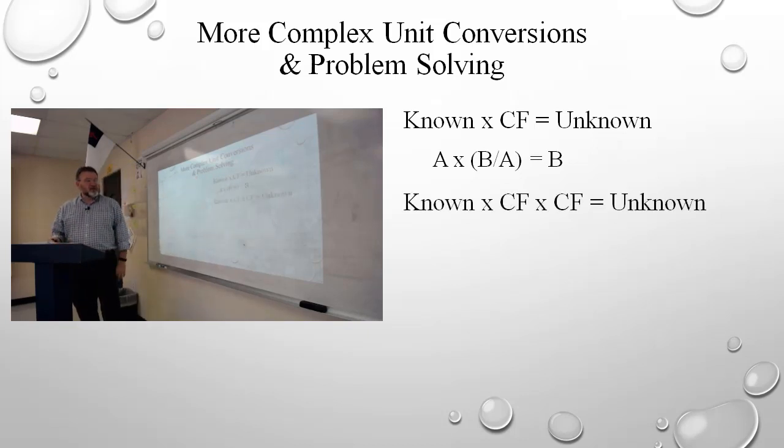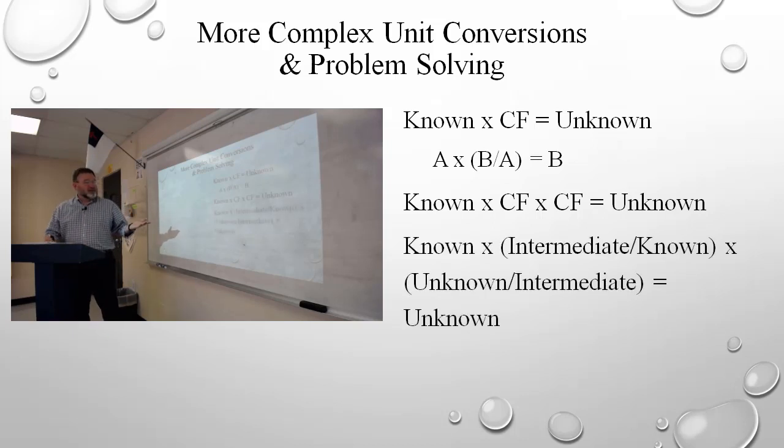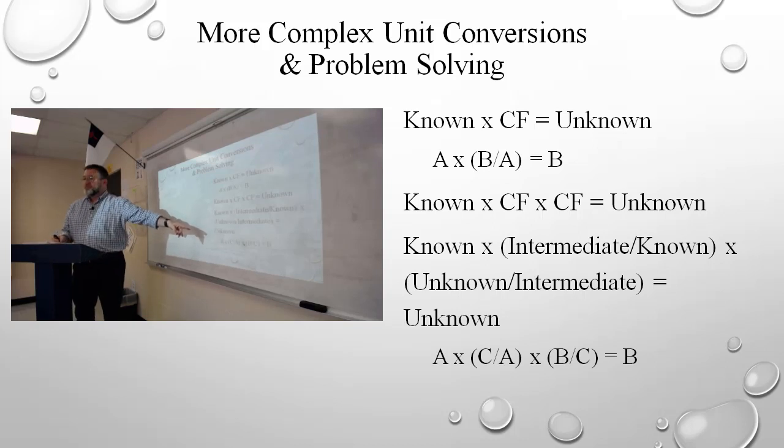Yesterday we added one more wrinkle. We added 2 conversion factors. We went from having 1 statement of equality to requiring 2 statements of equality. And that would look something like this. We used an intermediate term, something between that's going to take us from A to B. If I use those same kind of numbers here, what's my intermediate term? See the formula?